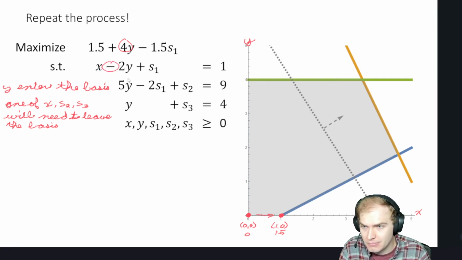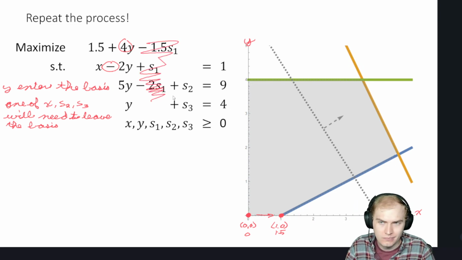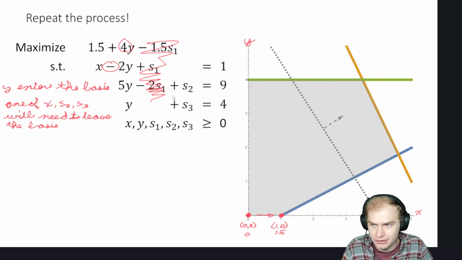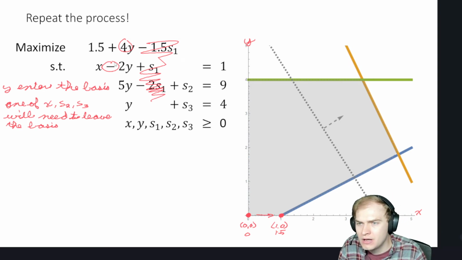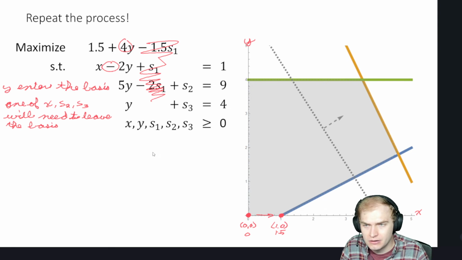Here we have a minus sign, so increasing y will just increase x. Also, we're forgetting about S1 for now. S1 remains 0, so we can ignore that part for now. So increasing y increases x, and it doesn't impose any restriction on feasibility.